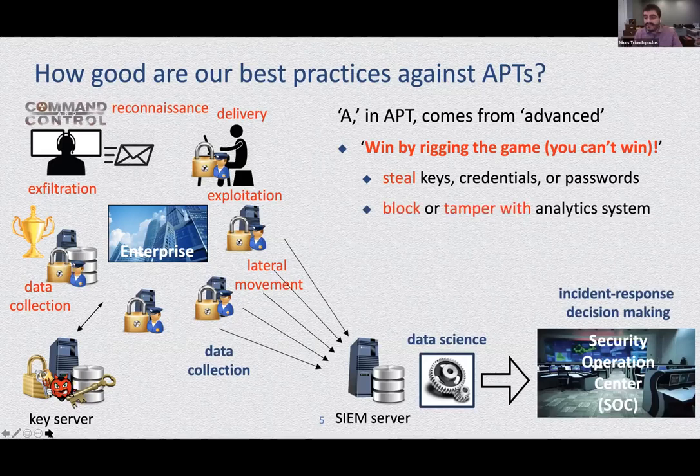Or if we have this intelligence-based approach through visibility in the system with logs and the SIEM systems and everything, let's make sure that we target this part of the defense so that we block or tamper with the data and, at the end, the analysis that the SIEM system will perform.